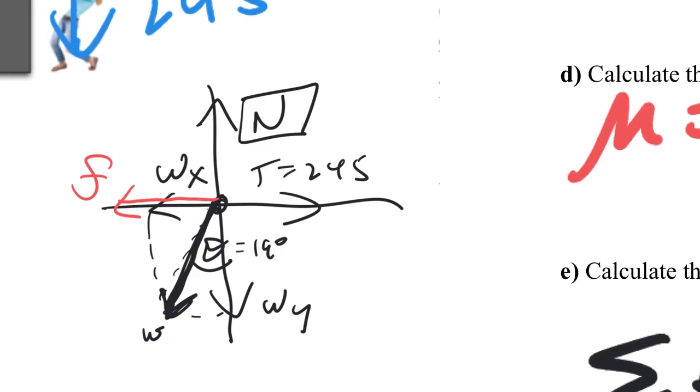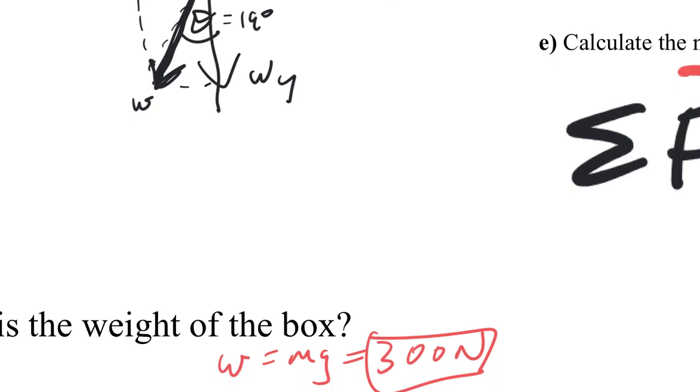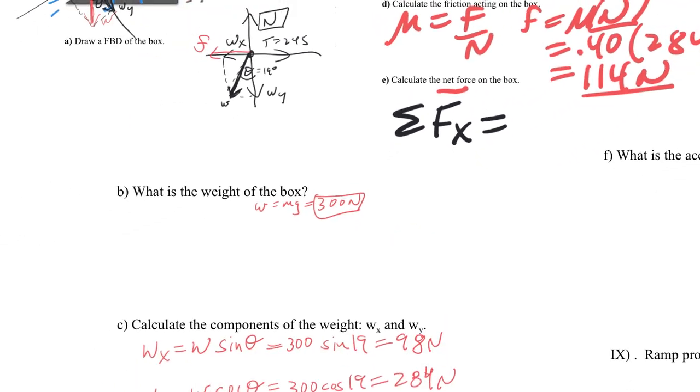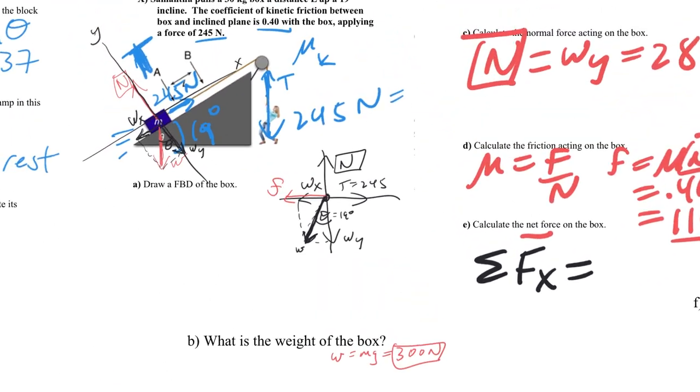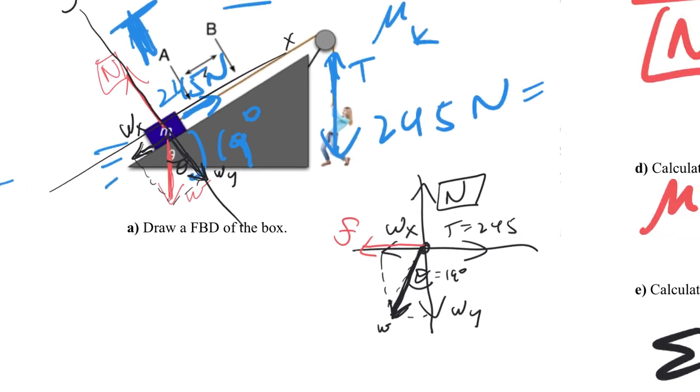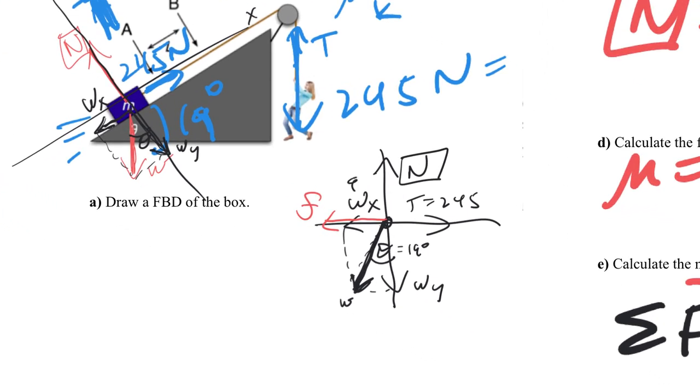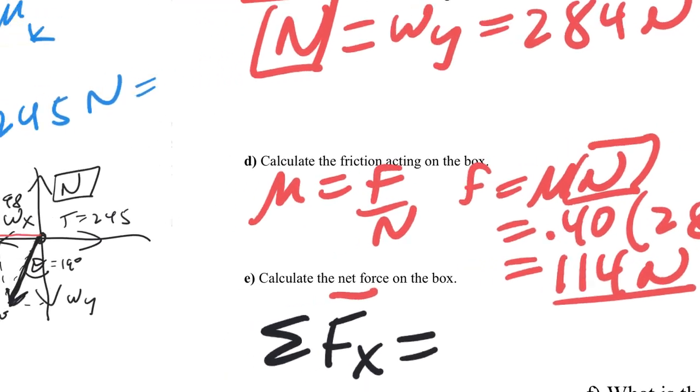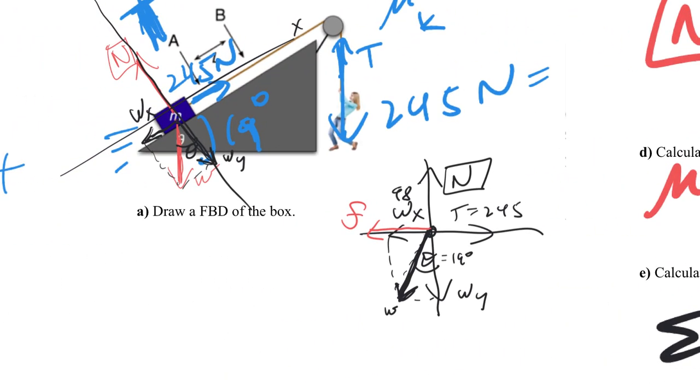Let's fill this in now. Wx is 98. The friction we just found to be 114. And the tension is 245.